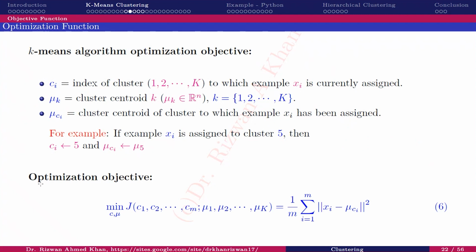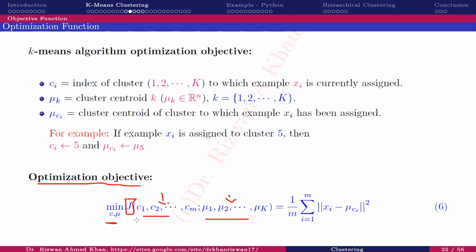So now the objective function of K-means clustering is that we are trying to minimize this cost function. J is the cost function of the variables C's and mu's. We have C's, we have mu's, so this is a cost function of two variables, C and mu.